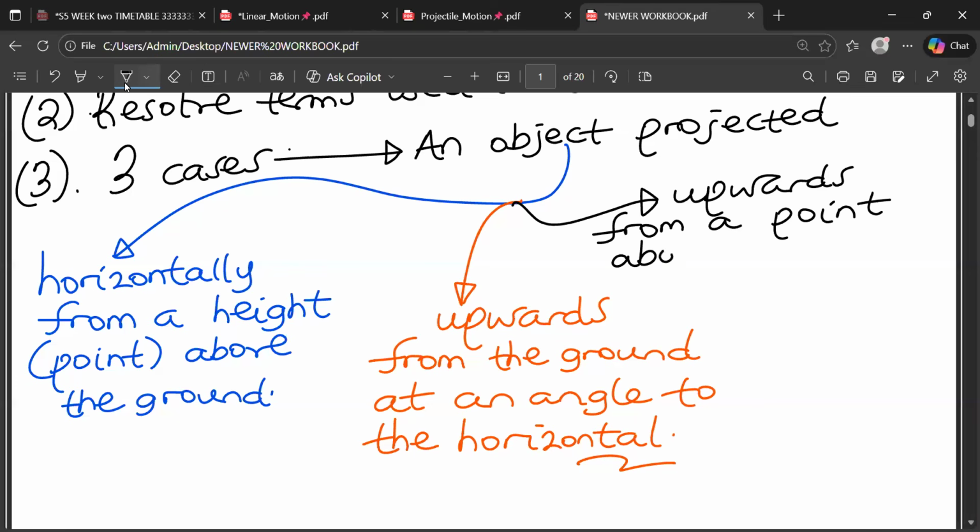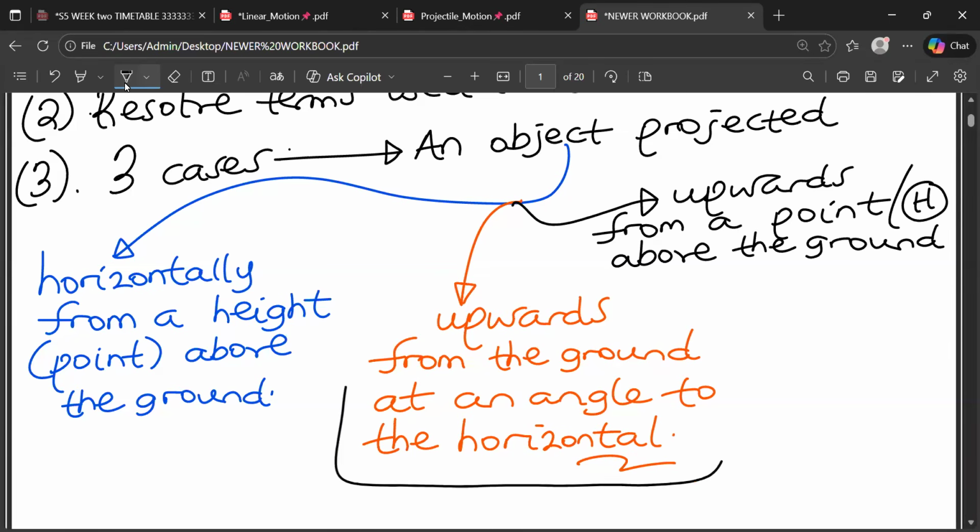I told you the point can be called the height. It is from the point or height above the ground, but still at an angle to the horizontal.